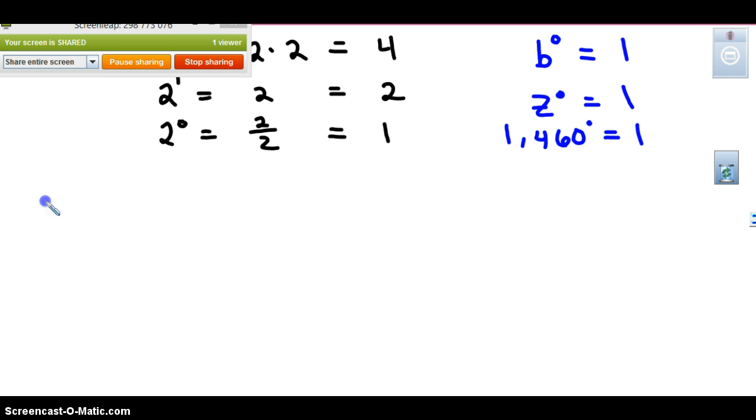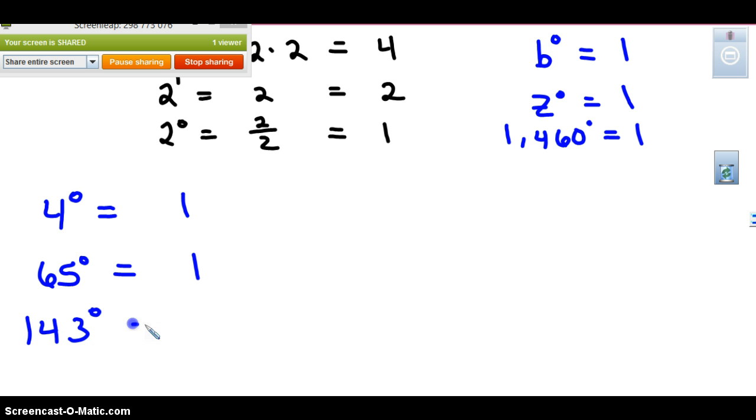If we have 4 to the 0 power, what would that equal? 1. If we have 65 to the 0 power, 1. 143 to the 0 power, 1. C to the 0 power, 1. P to the 0 power, 1.